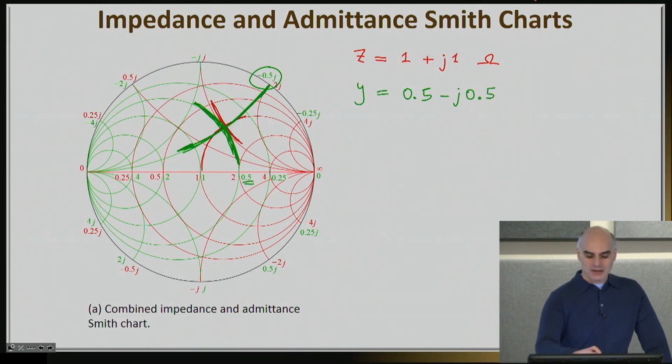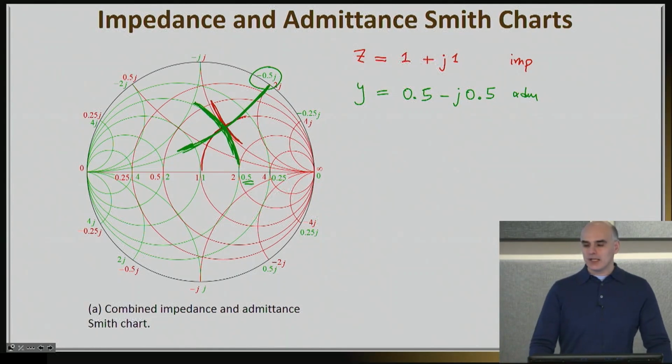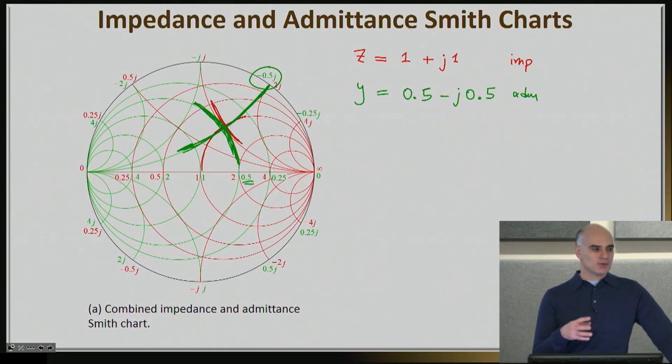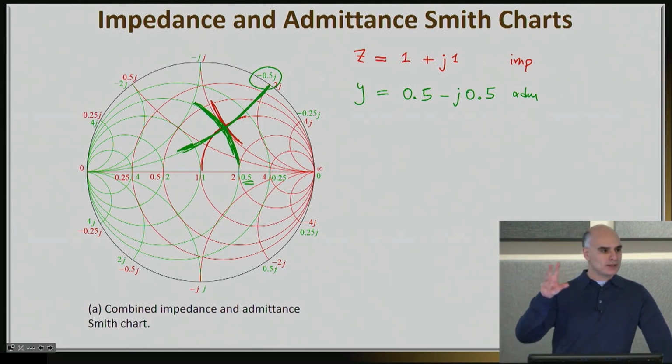I shouldn't actually have put the ohms here because this is really normalized, but I wanted to emphasize that this is the impedance with the red, and this is the admittance with the green. So it's really a matter of your preference whether you would like to use the simple Smith chart that we discussed last time and do this lambda by 4 transformation, this 180-degree rotation to go from impedance to admittance.